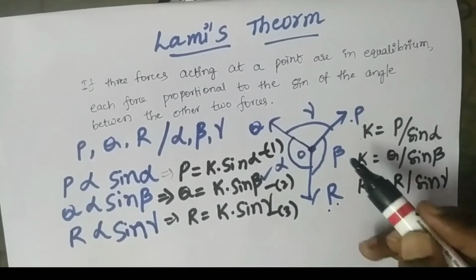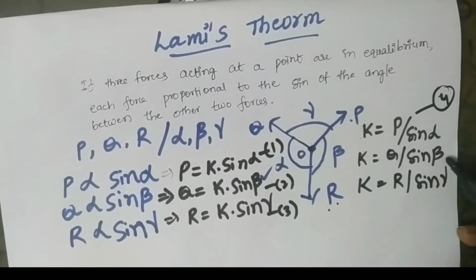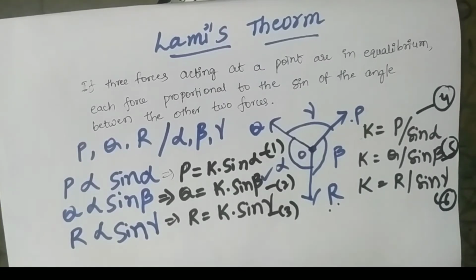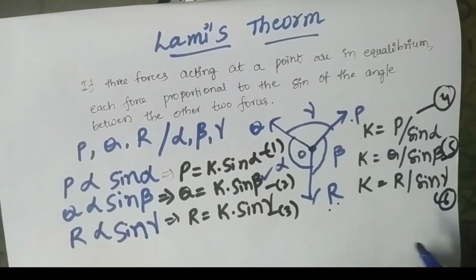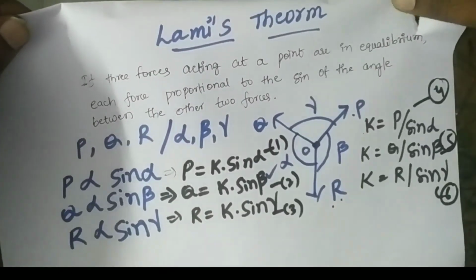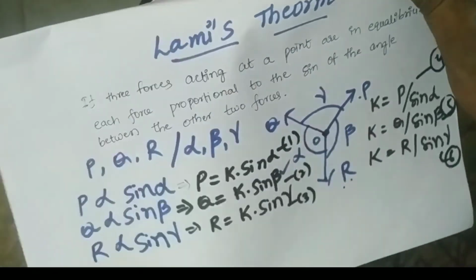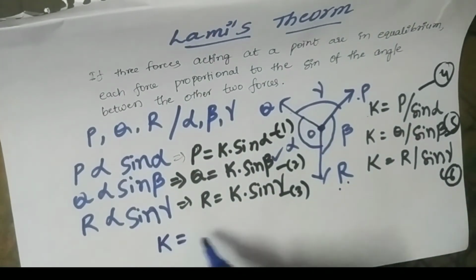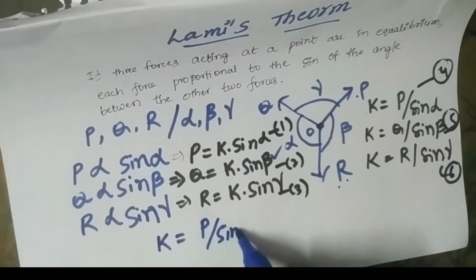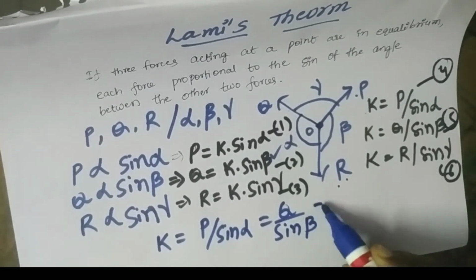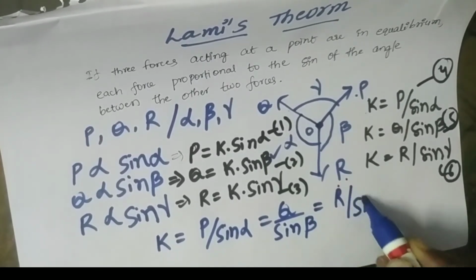Now these are equations 4, 5 and 6. In equations 4, 5 and 6, each one is equal to K. So you can write K equals P by sin alpha equals Q by sin beta equals R by sin gamma.